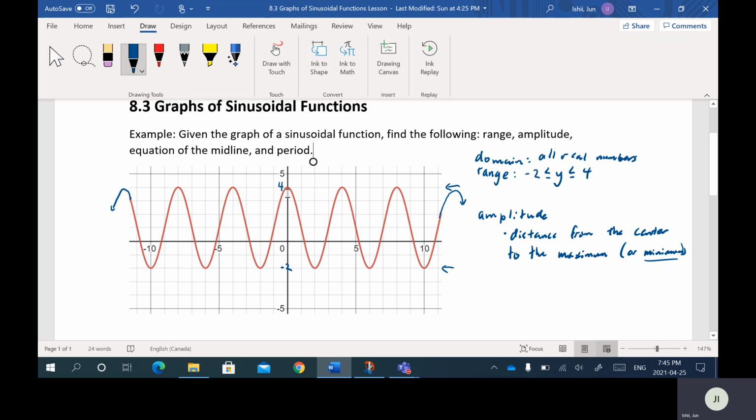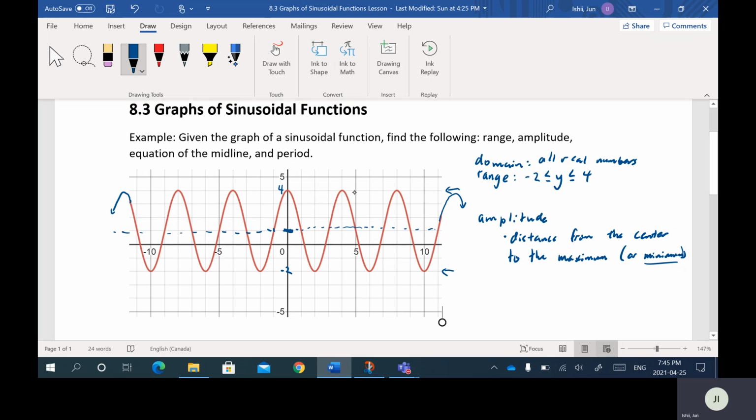In this case, we can probably just count it. From -2 to +4, that's a distance of 6 units. The center itself, we can eyeball or do some quick counting, and we can see that at +1, this is the middle. If I draw a dotted line through there, this is the center of this sinusoidal function.